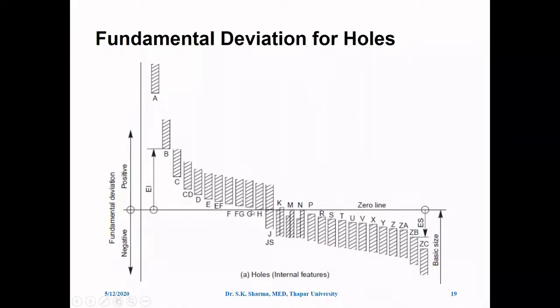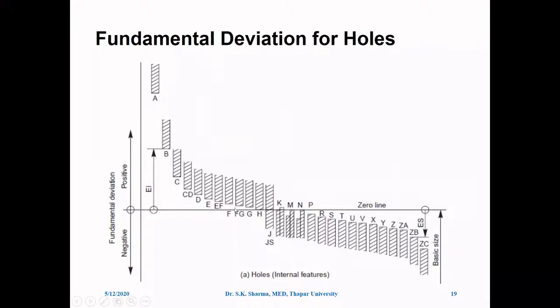In this case, H means it is above. Similarly, for some of the alphabets like R, S, T, U on this side, the fundamental deviation is on the lower side, right? Now from here we can understand that on H, the fundamental deviation is just 0. For G, this is some positive value. Here this positive value has increased. This has increased further.